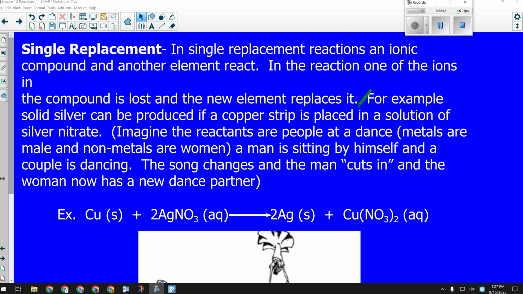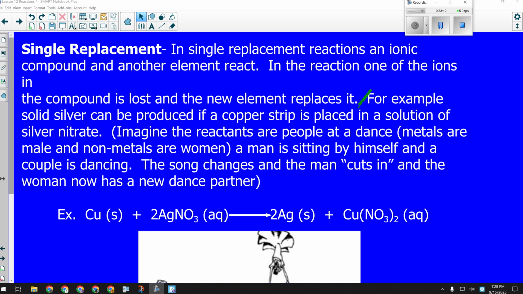So the defining characteristic of replacement reactions is the presence of ionic compounds only. You will never have a replacement reaction where a molecular compound is involved. So in a single replacement reaction, what you have is an element by itself, and it is reacting with an ionic compound.